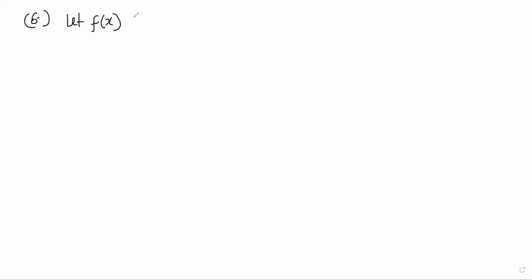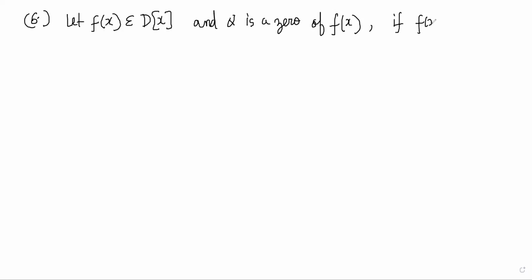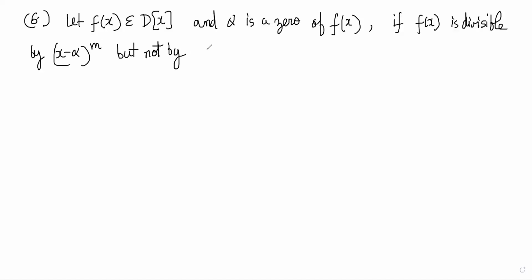Let f(x) belong to D[x], and alpha is a 0 of f(x). If f(x) is divisible by (x minus alpha) to the power m, but not by (x minus alpha) to the power m plus 1, that is, f(x) has (x minus alpha)^m as a factor, but not (x minus alpha)^(m+1).